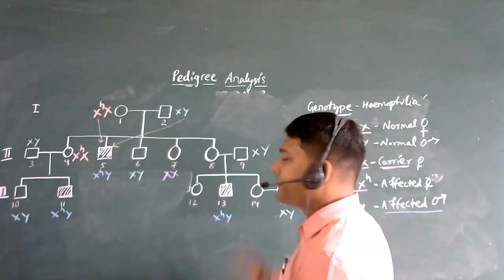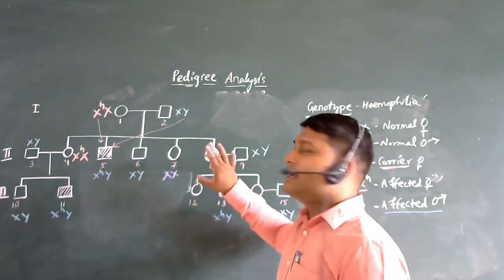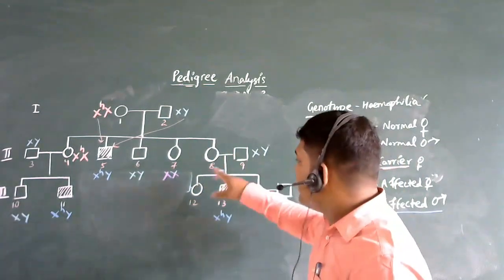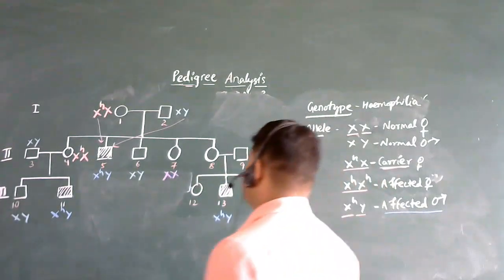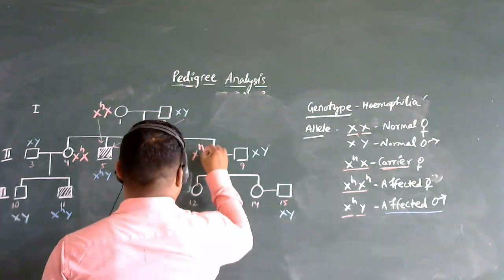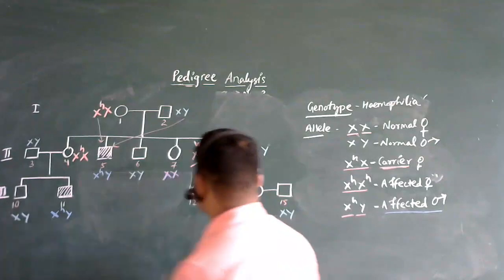Now here again I have to worry, because here the male is normal and the female is, we don't know, carrier or normal. But here the male is affected. That means she must again be a carrier, so you have to put XHX. It's a carrier.